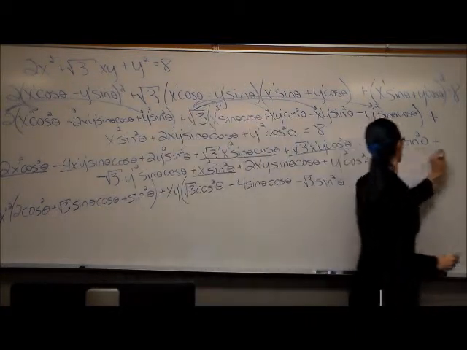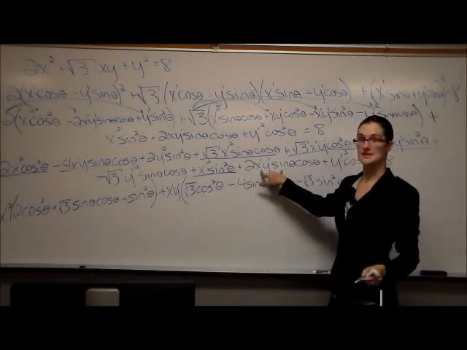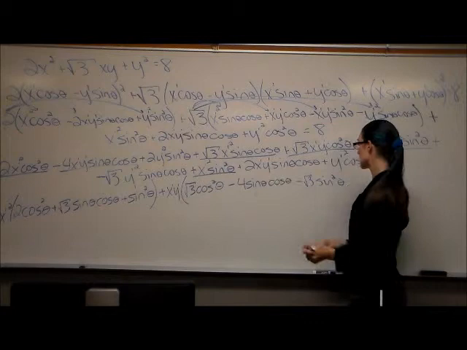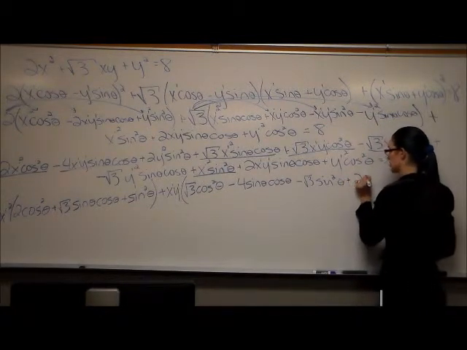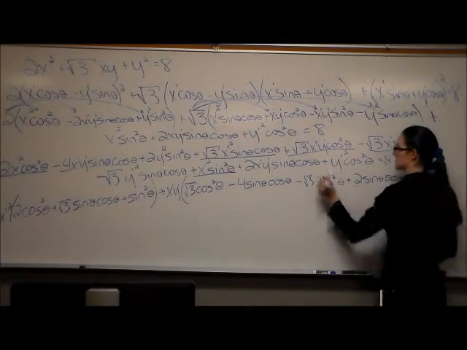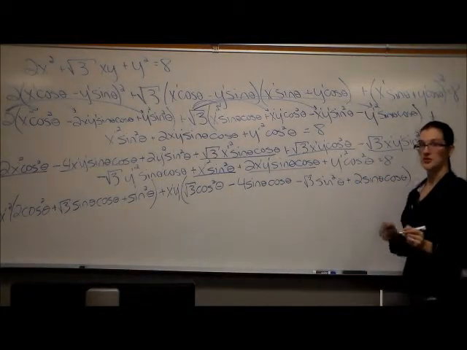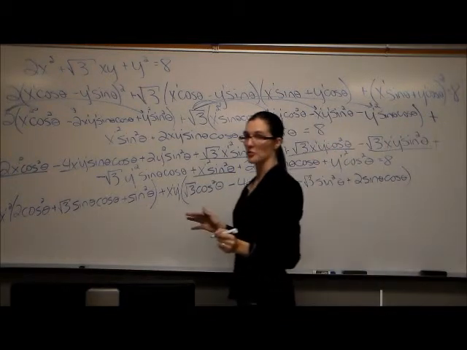Okay, so this one's been dealt with. This has a y prime only. This one has an x prime y prime, so we're going to group it together. Plus 2 sine of theta cosine of theta, so that one's been dealt with. This one does not have an x prime y prime, so you're done with all your x prime y primes, right?